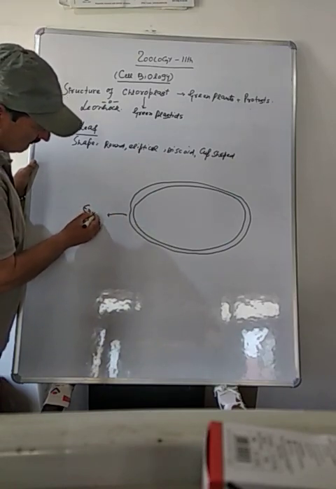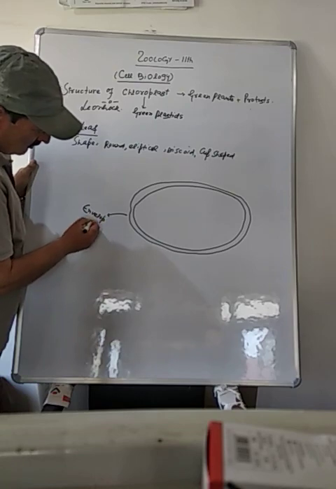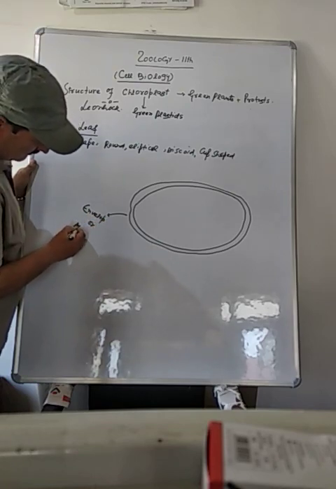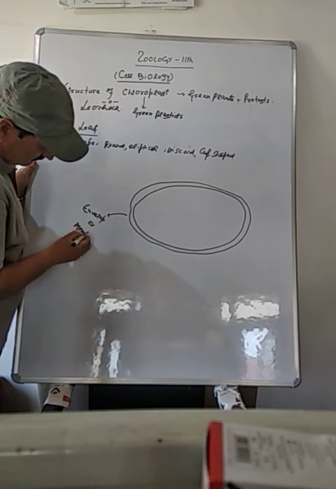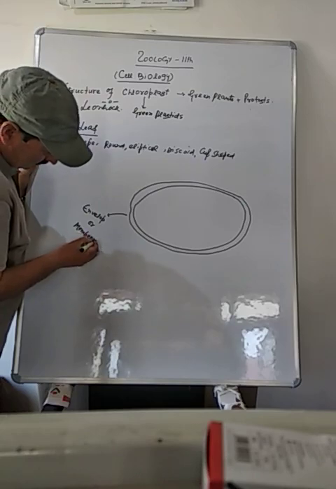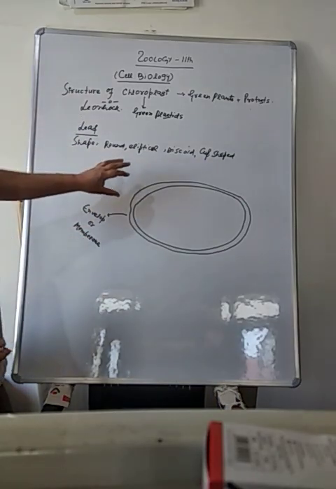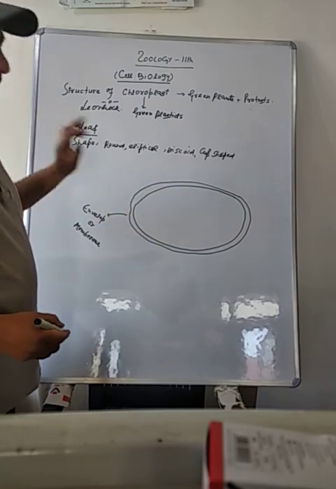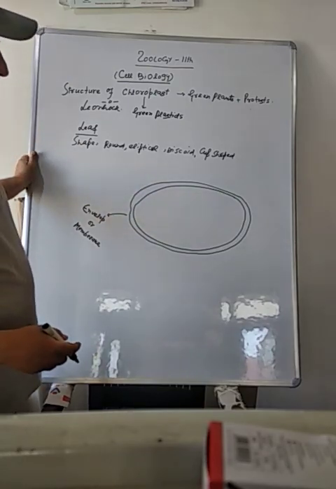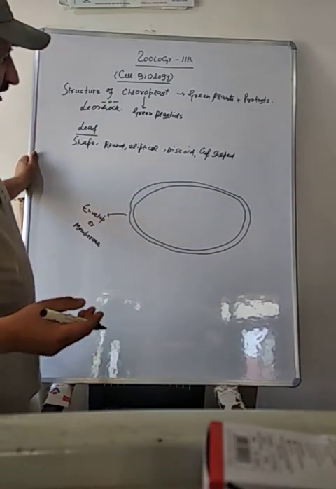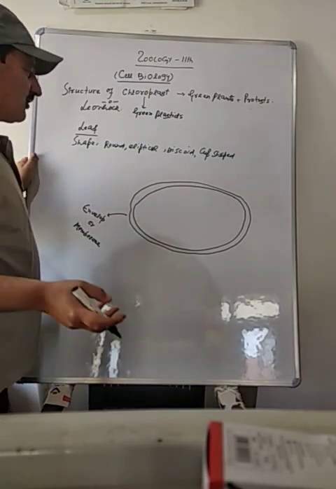You can call it envelope, or you can also call it membrane. These are two membranes, outer membrane and inner membrane. Both membranes have the same structure as the plasma membrane.